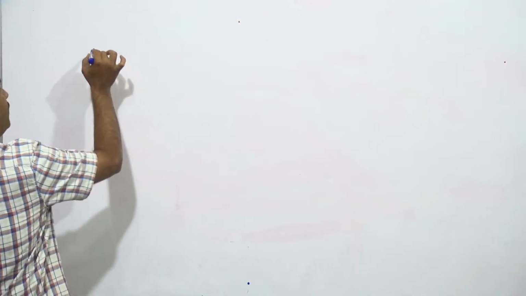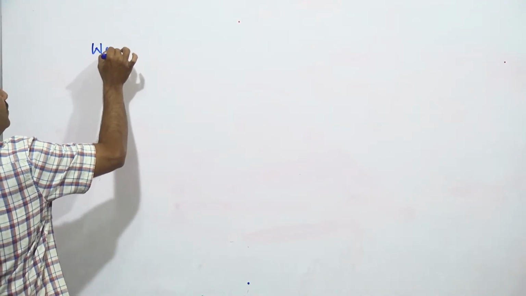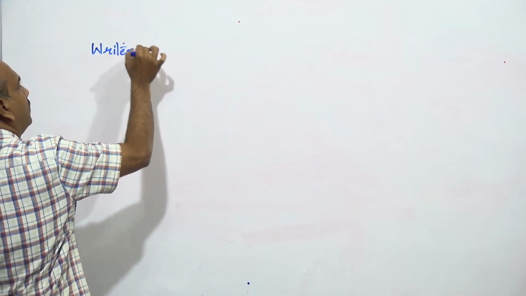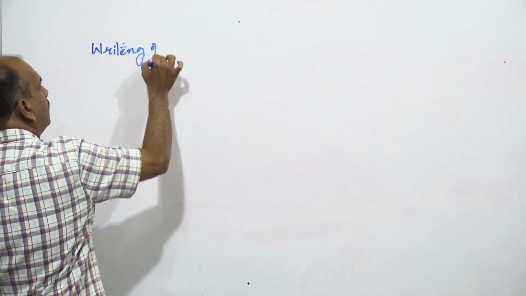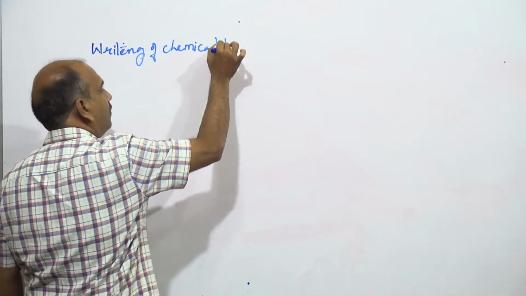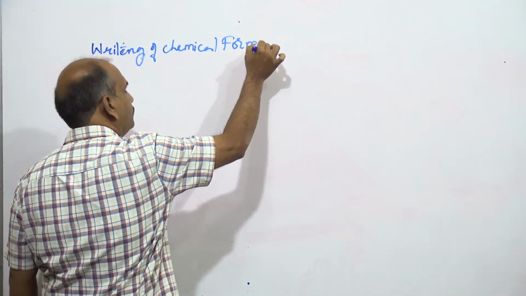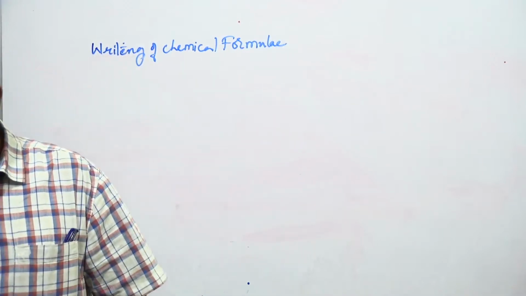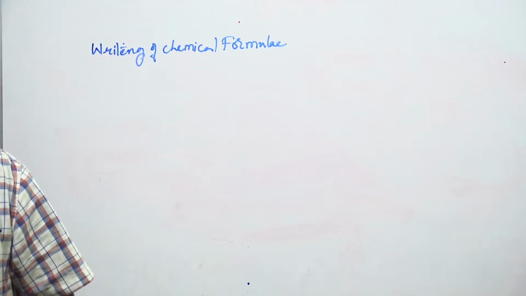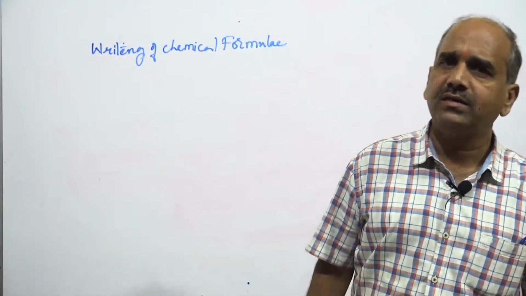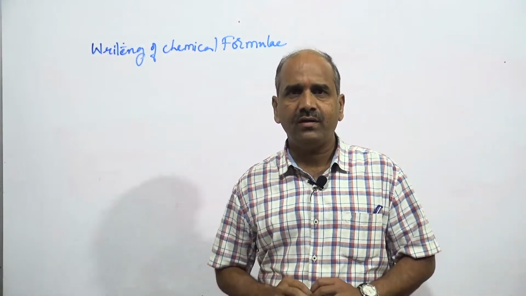Next is writing of chemical formulae. For this, what all you should be knowing? Okay, writing of the chemical formulae of the different molecules. So, what is a chemical formula? Chemical formula is a symbolic representation of a molecule.